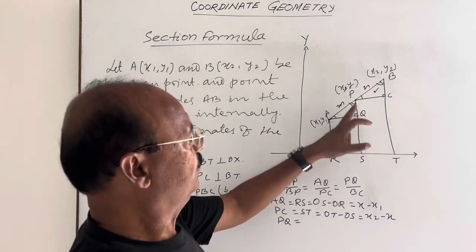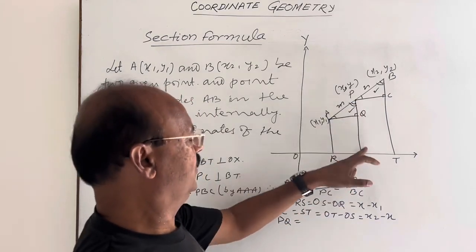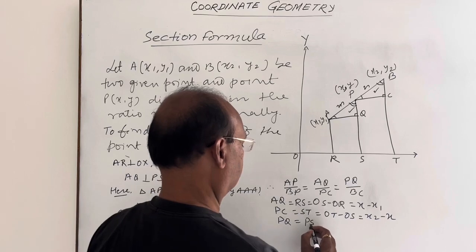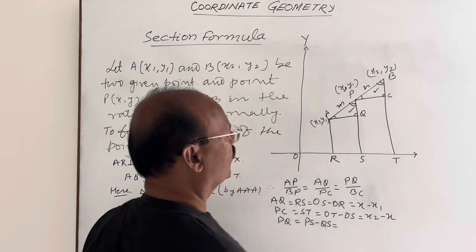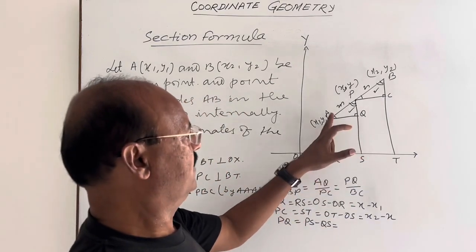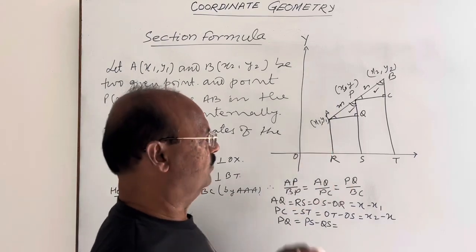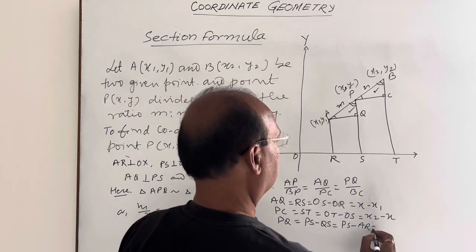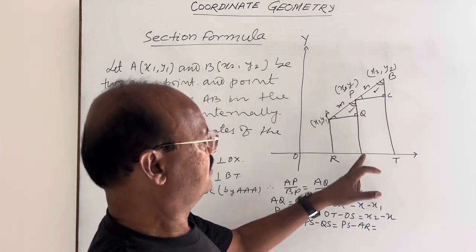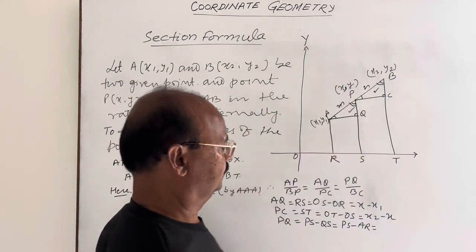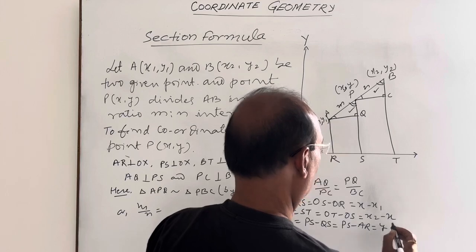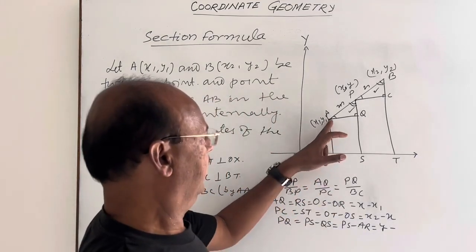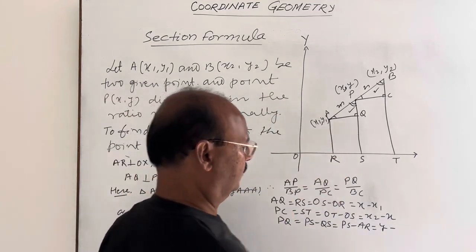PQ is equal to PS minus QS. QS can be written as AR also, opposite sides of a rectangle. So PS minus AR, and PS is equal to Y minus AR is equal to Y1.